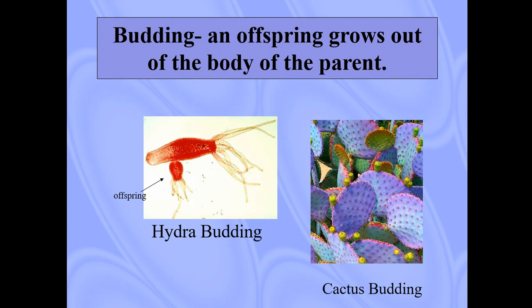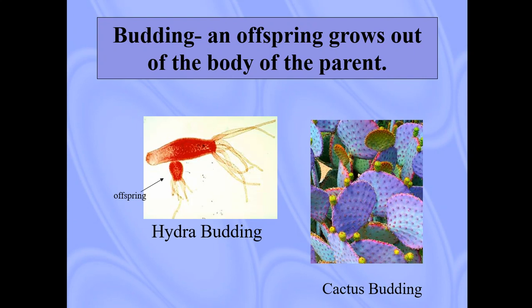Okay po? Yung yeast na Saccharomyces cerevisiae. So that's the scientific name of yeast. So yan. Yeast, hydra, cactus, and other kinds of plants na merong budding. So yun po yung example ng budding.